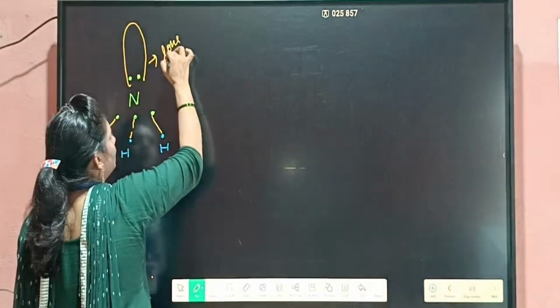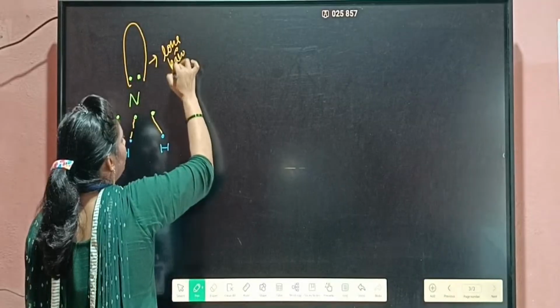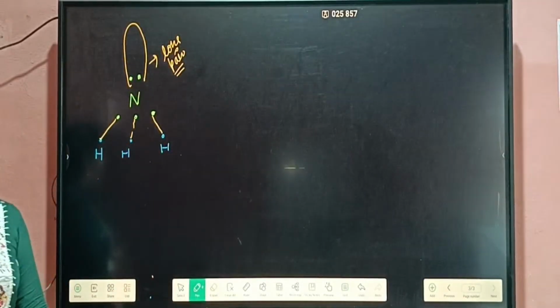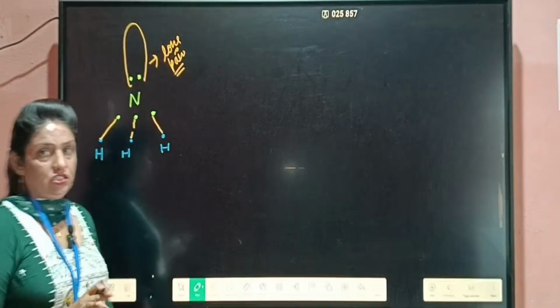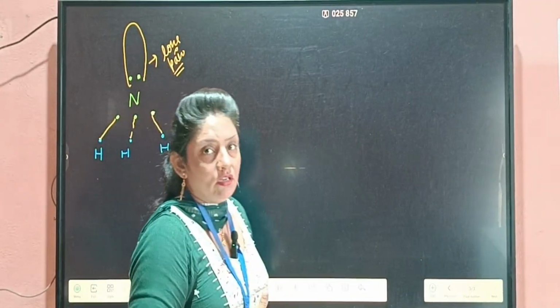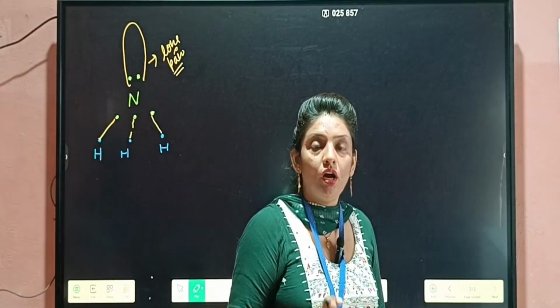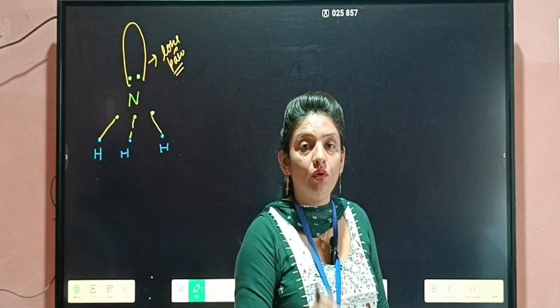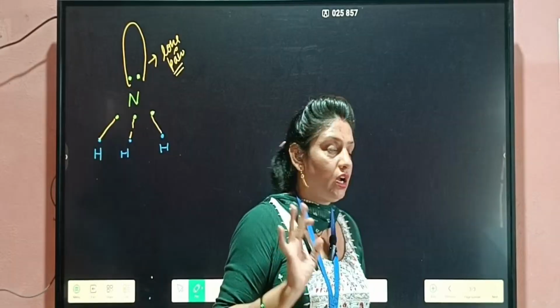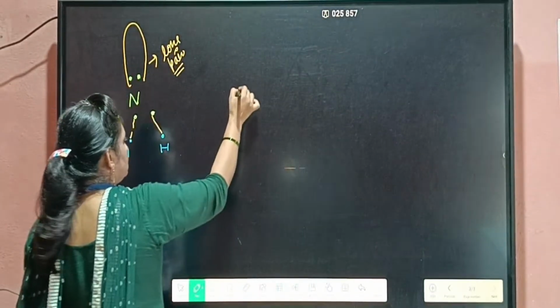That was the structure. Are you making any change when forming the amine? No. The arrangement is as it is. Only you are replacing hydrogen by alkyl group, like this.